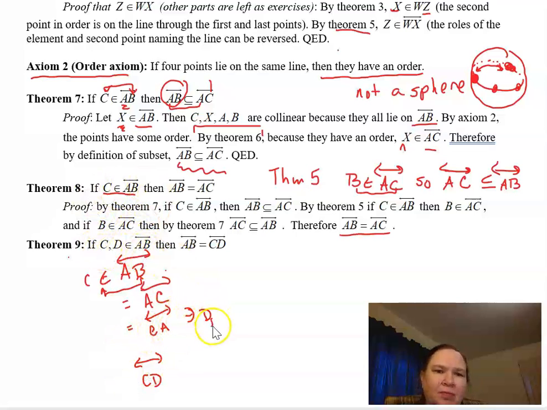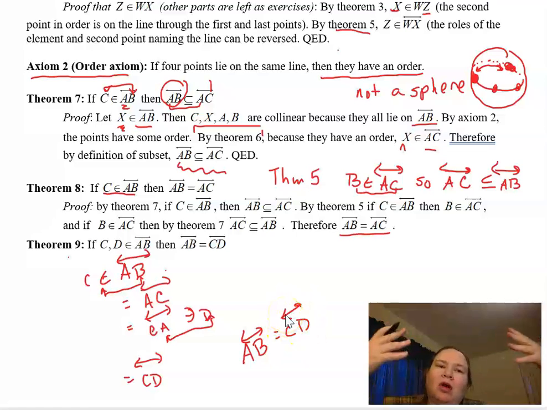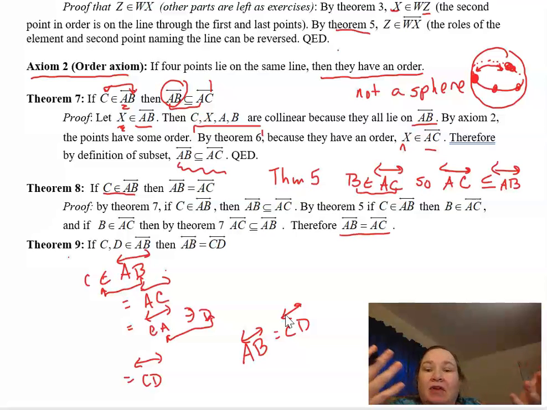And so I'm going to swap D for A, and I get CD. So just swap one point at a time until I get what I want. And that is the big idea. That's the flow. This is how you get from an idea of having an order to, I can name any line by any pair of points I want to pick.